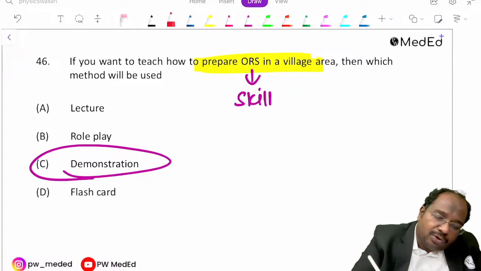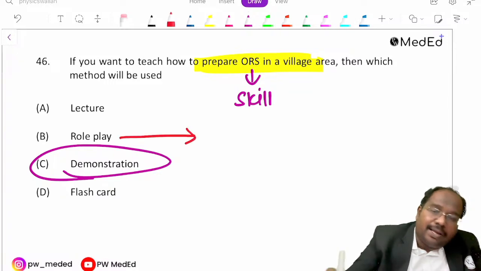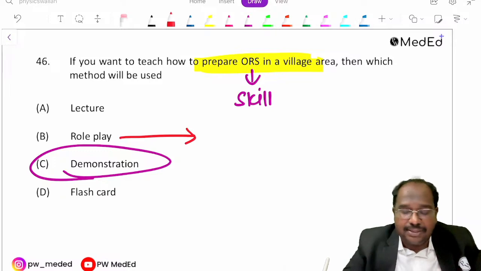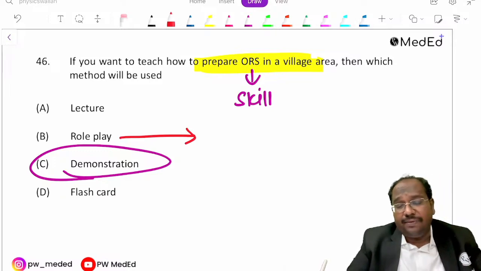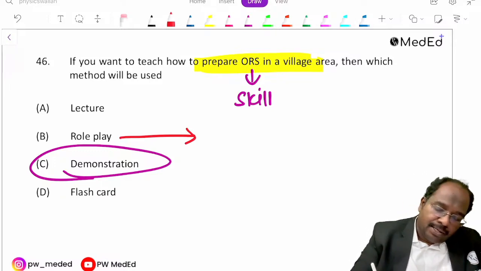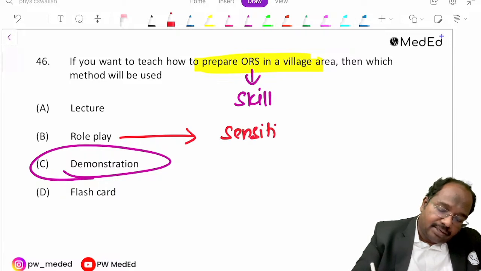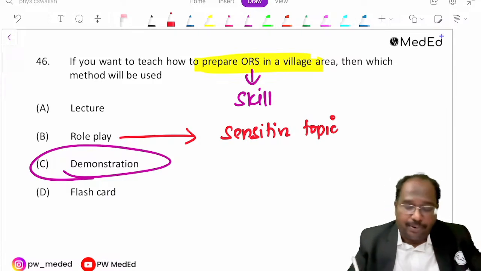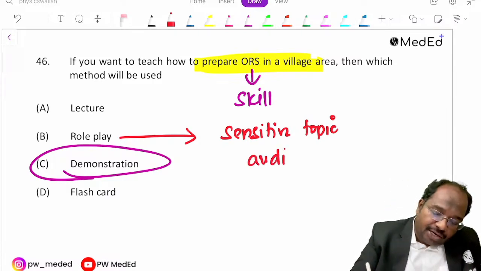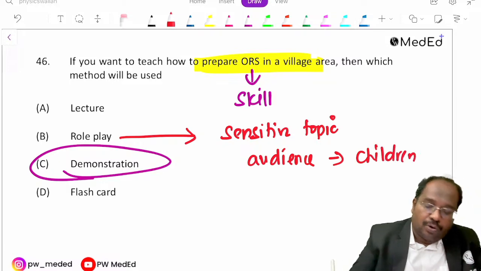Role play. When will you use role play? You use role play whenever there is a sensitive topic. Sensitive topic, you can use role play. When the audience is children, you can use role play.